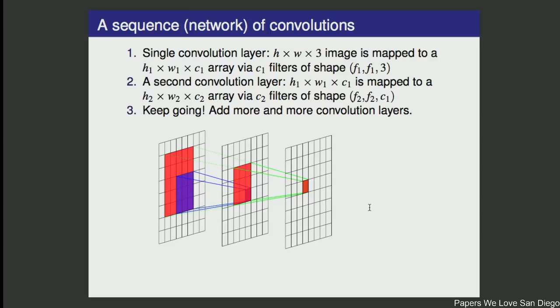So already in this third layer, I suppose, this single value has been affected by all of these entries in the original image.